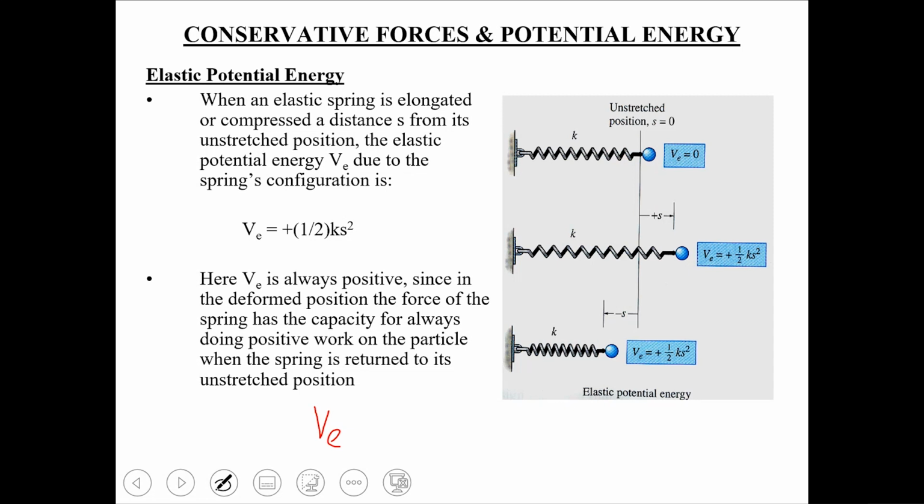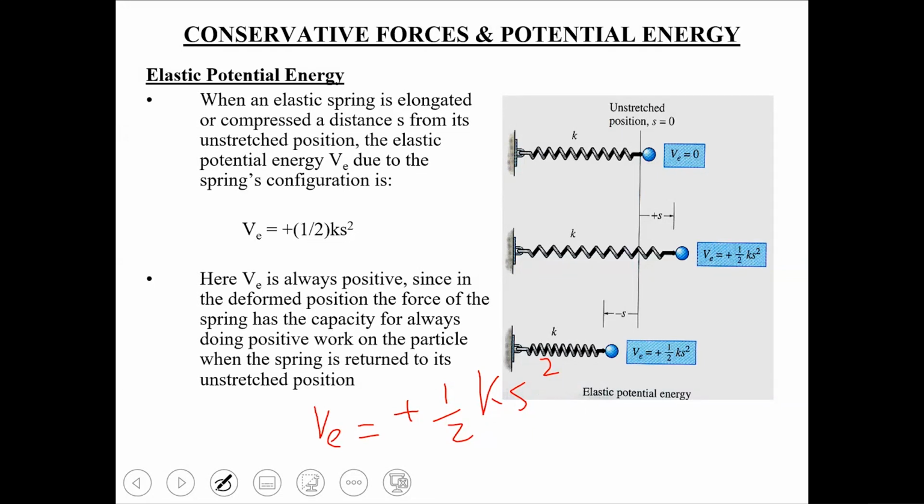So that's why the elastic potential energy is always going to be a positive quantity, because when the spring is displaced from its unstretched position, it has the potential of doing positive work once it is coming back to its unstretched position. So the elastic potential is always going to be a positive quantity and the magnitude is going to be half ks squared, where k is the spring constant and s is the deformation of the spring from its unstretched position.